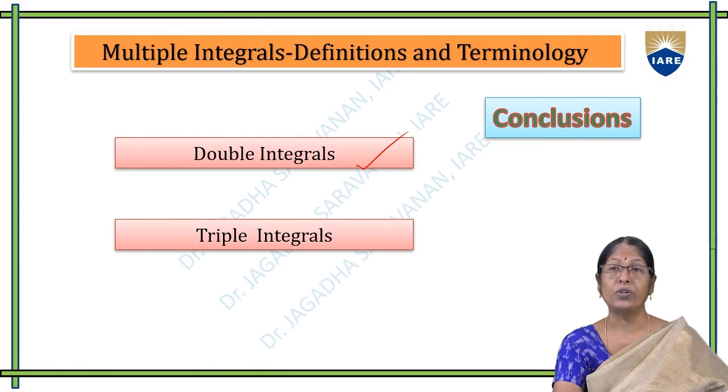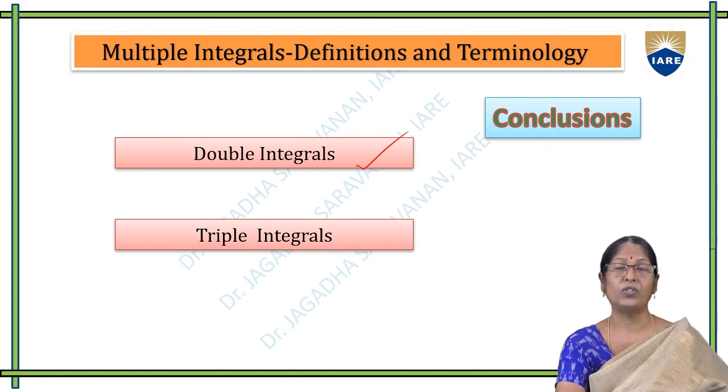Next, we moved to triple integrals. The things we discussed regarding the double integral apply to the triple integral as well, in Cartesian form and polar form. Here x, y, z, and here radius r, theta and one more angle phi. The double integral is used to calculate area, and the same concept is used in vector calculus, where double integrals are used for surface integrals.